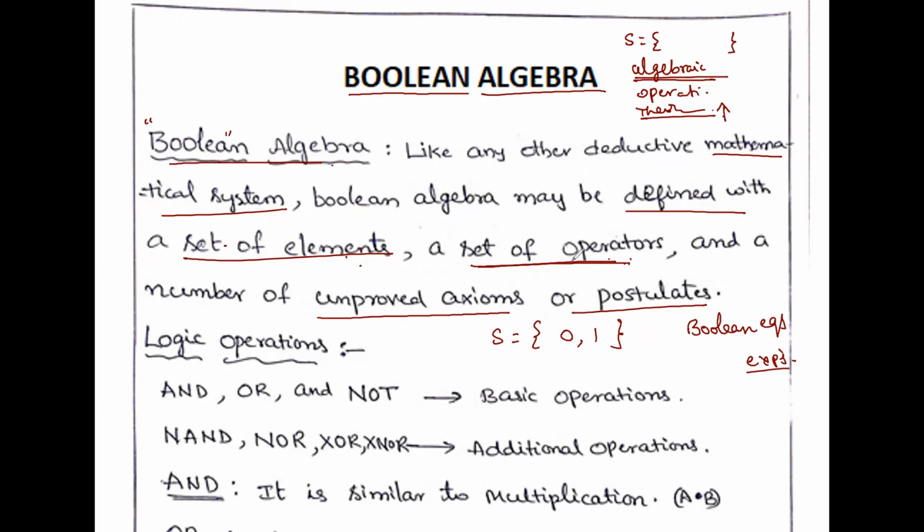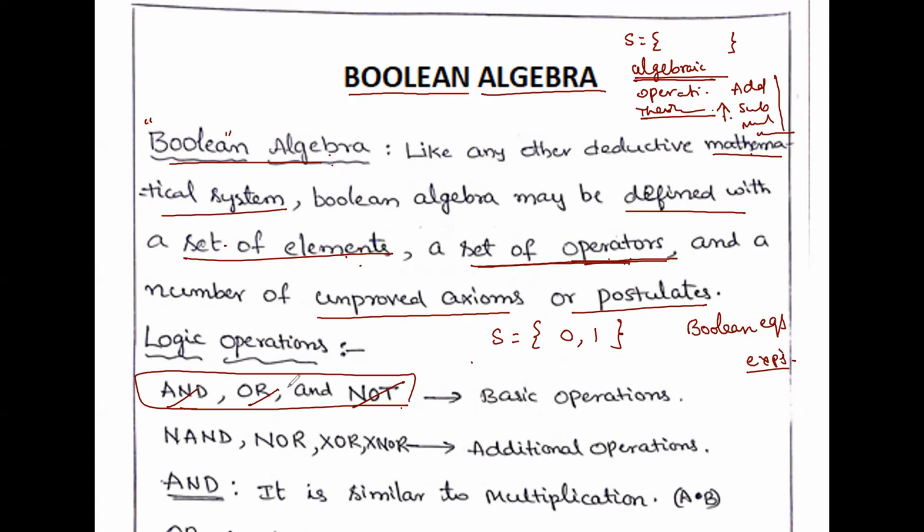Now, the several operators in Boolean algebra are AND, OR, NOT. These are the basic logical operators. Whereas in mathematical algebra, the operators are addition, subtraction, multiplication, division, and so on.